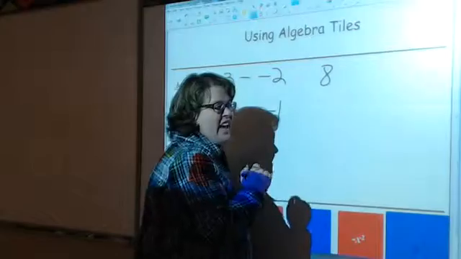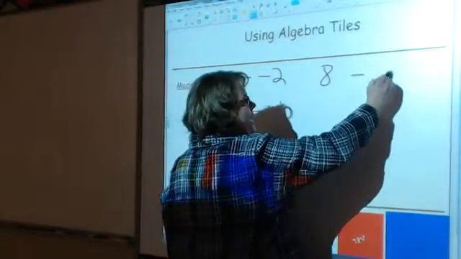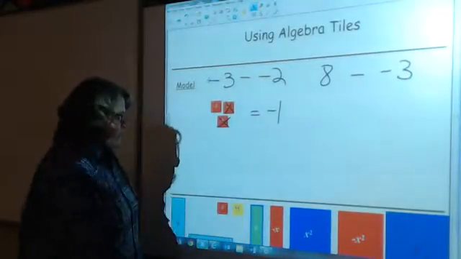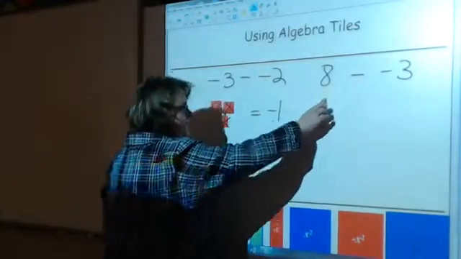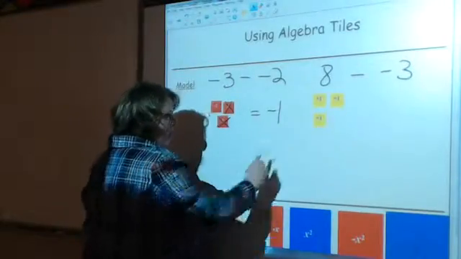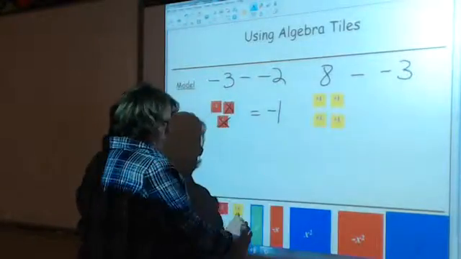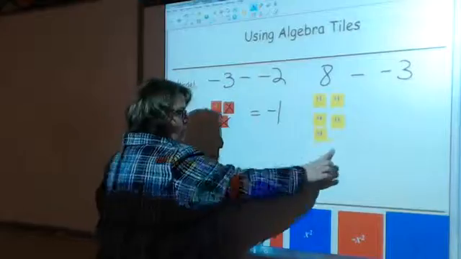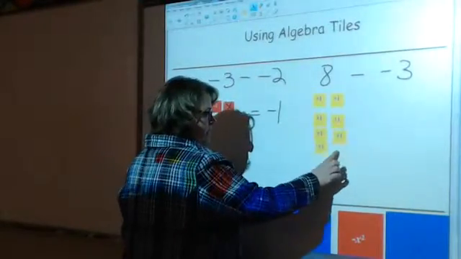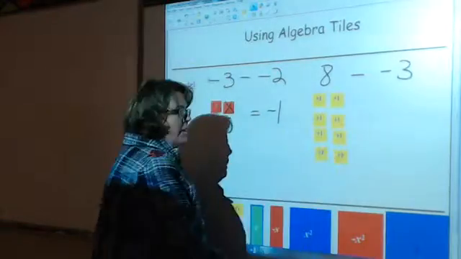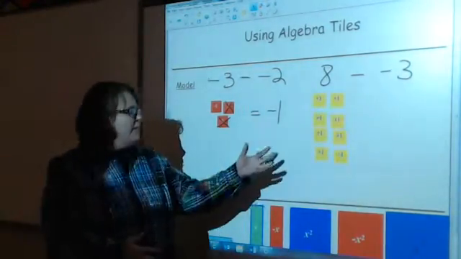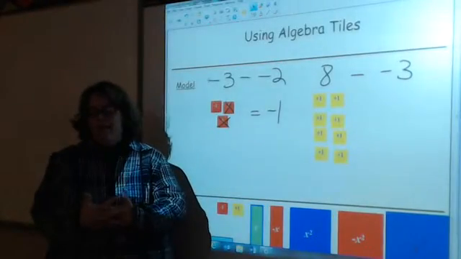Now, let's say I have 8, and I want to take away a negative 3. Okay? So I need to start with my 8 counters. There are my 8 counters, and I need to take away a negative 3. Do I have negative 3 counters to take away?